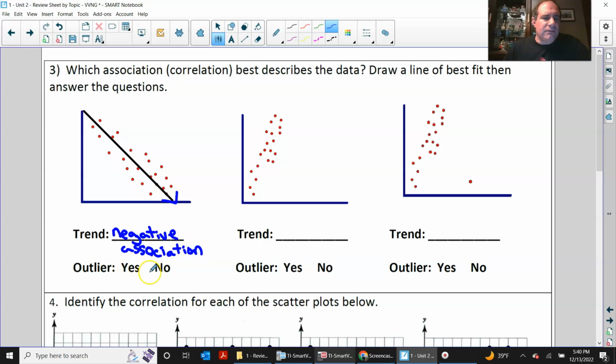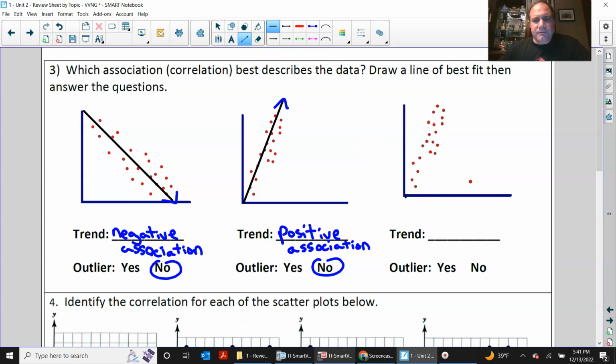Does it have an outlier? No, it does not. So we're going to draw this one also. And that is a positive association, obviously. Correlation means the same thing. Does it have an outlier? No, it doesn't.